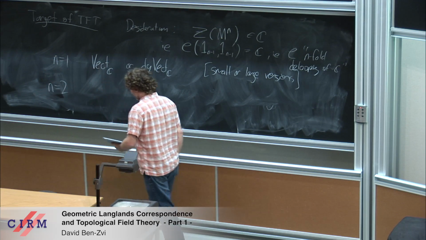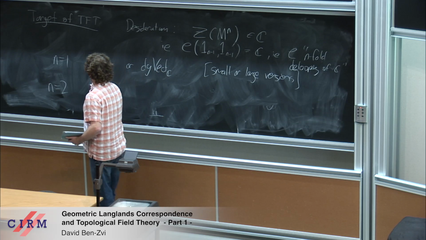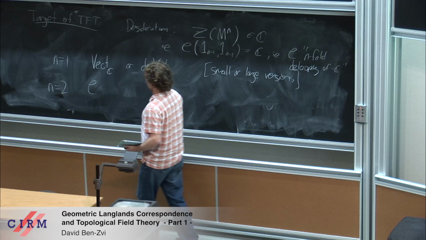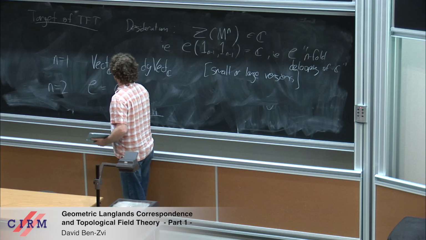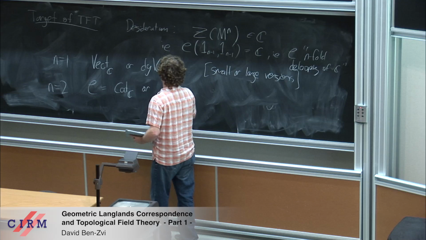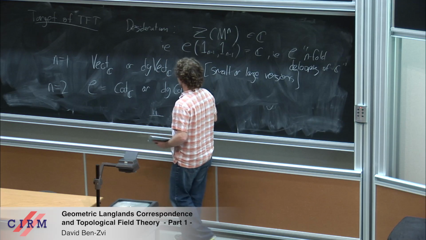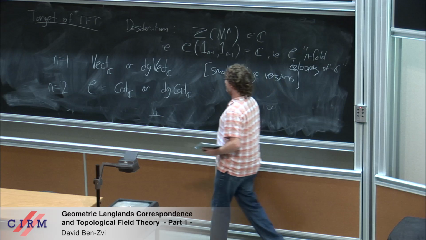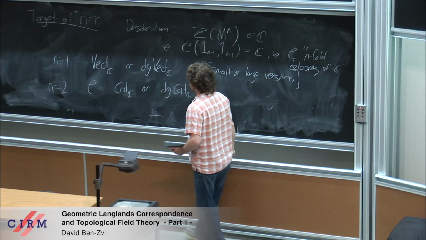So if I want dimension 2, the obvious guess I can take is just to look at C-linear categories, or C-linear DG categories. At some point, probably now, I'm going to stop writing DG. So everything is going to have DG or infinity in front of it somewhere.